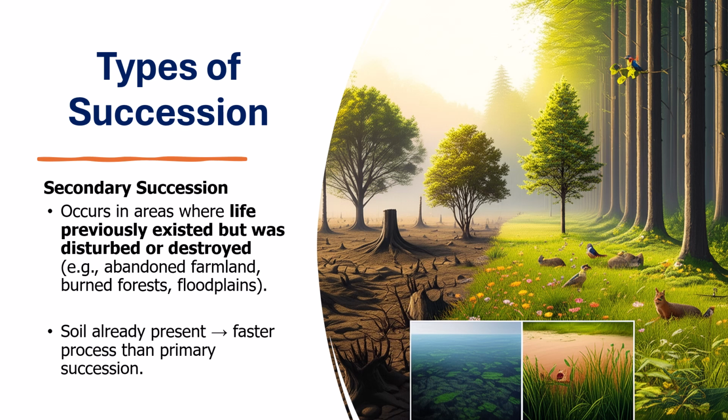Pioneer plants such as grasses and herbs quickly colonize, followed by shrubs and trees. This process reveals nature's ability to heal itself after disturbances. Secondary succession is particularly relevant to human-impacted ecosystems as it helps us understand how degraded lands, agricultural fields, or urban spaces can be restored into functional ecosystems.